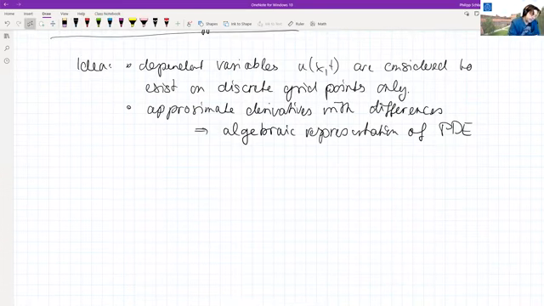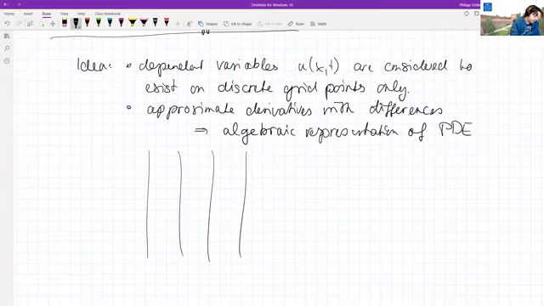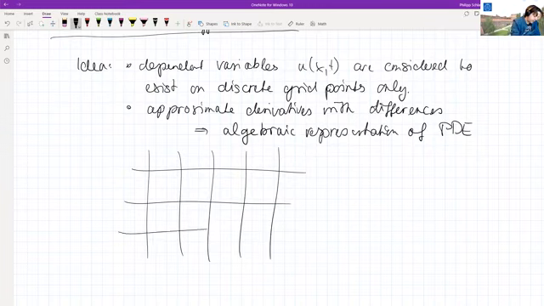Now, having said this, I'm talking about grid points and all of that. So that means I actually need to introduce a grid in some way. So maybe something like that. And of course, there's a number of metrics that I can talk about here. I can have an x direction, I can have a y direction, and then I need to have indices.